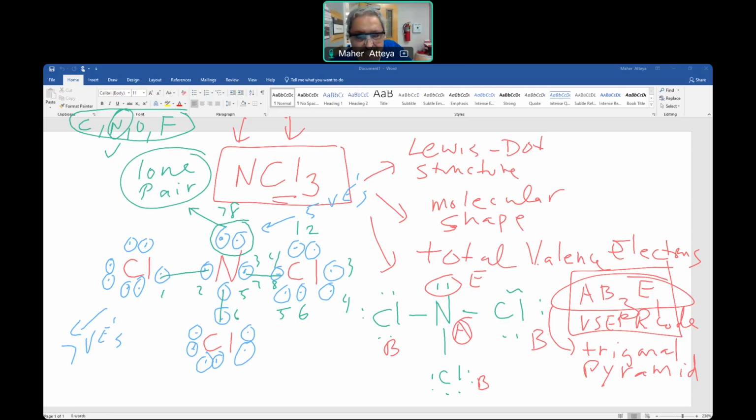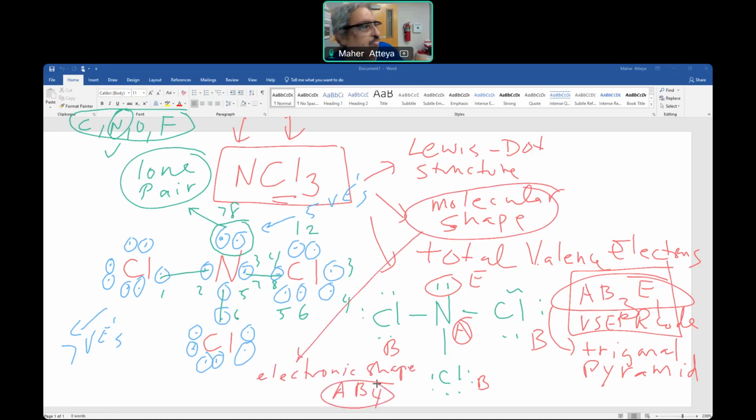So we are considering this, if that's the molecular, correct? The electronic shape, then I have to consider all this connection will be A, B, 4. Forget about the lone pair, consider them as one group. A, B, 4, that will be what? Tetrahedral.